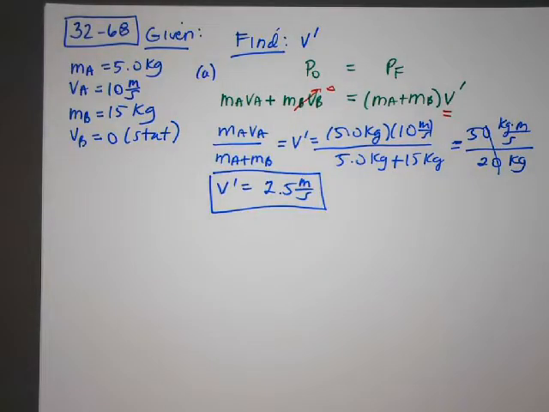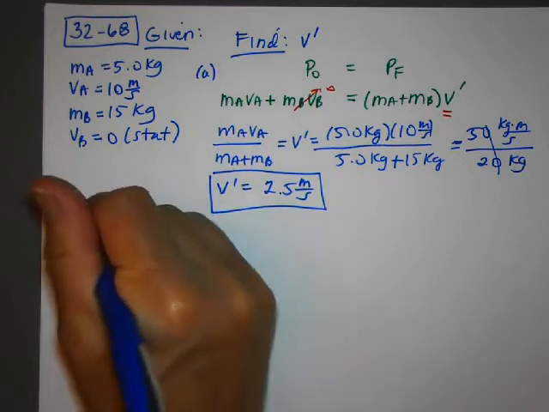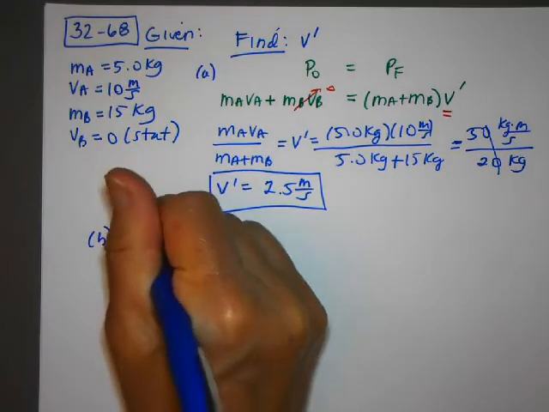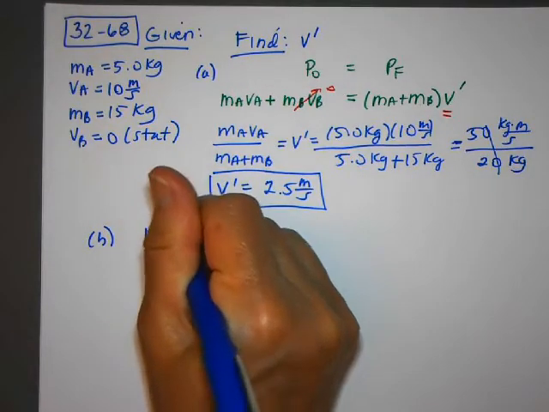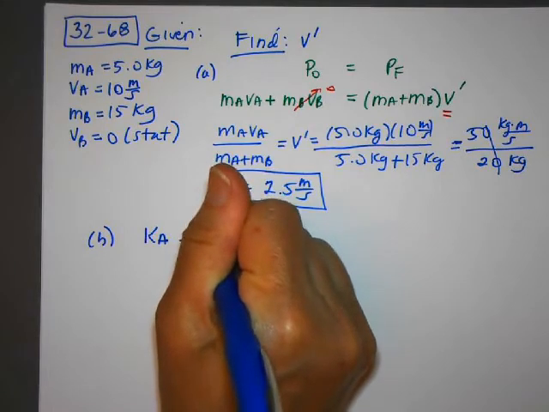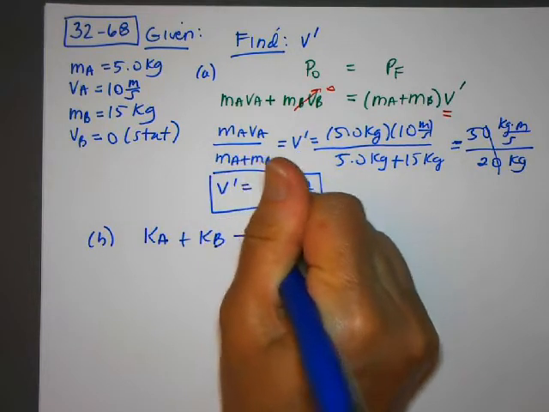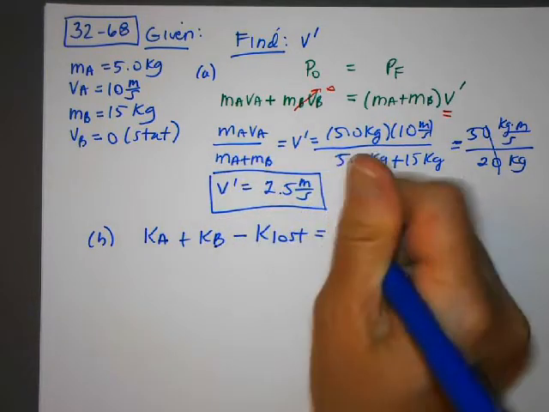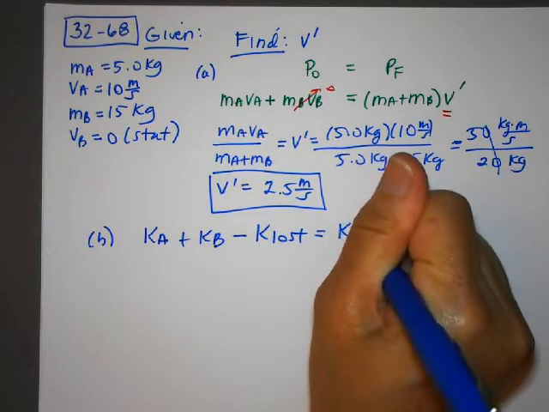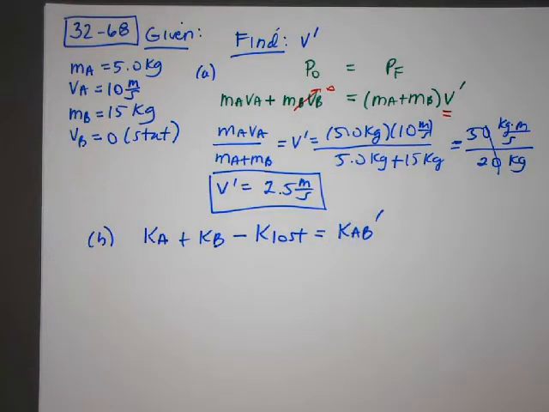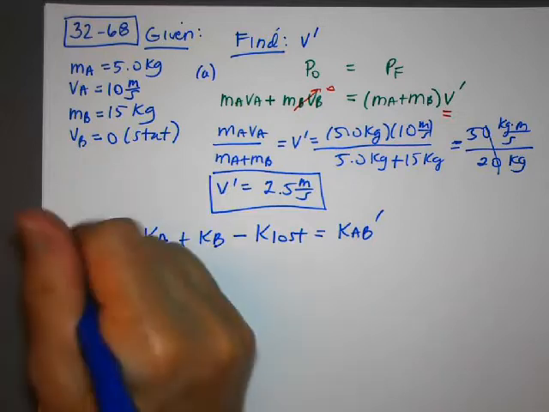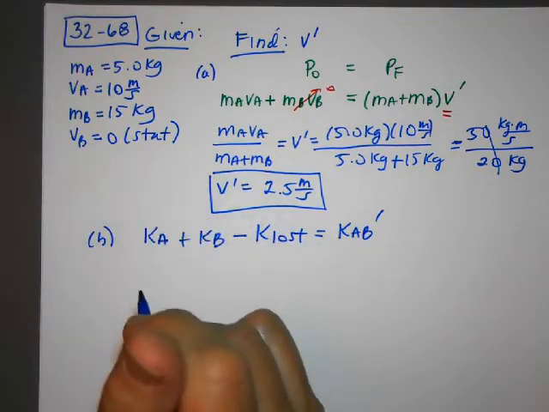Part B says, determine the kinetic energy lost during the collision. So for part B, the kinetic energy of A plus the kinetic energy of B minus the kinetic energy lost is equal to KAB prime. So now we have kinetic energy is 1/2 mv squared.